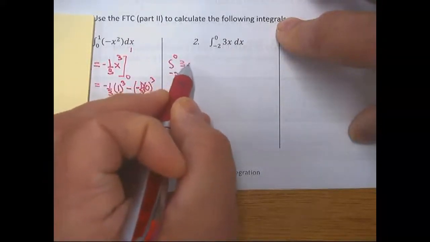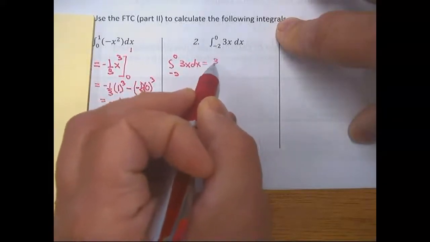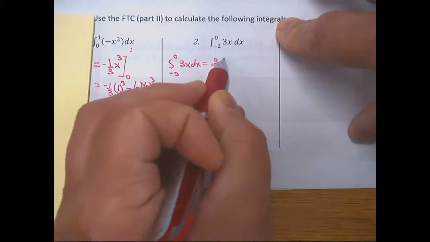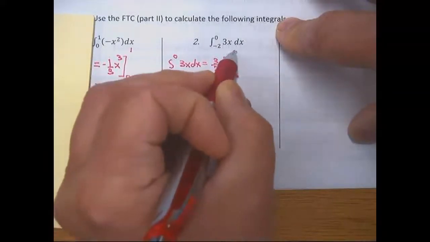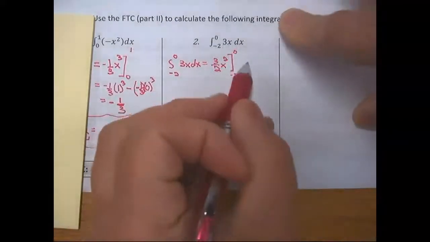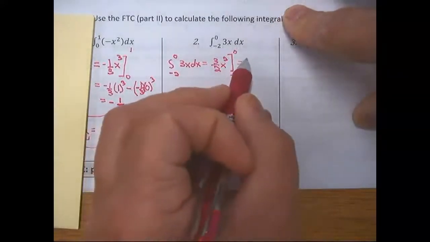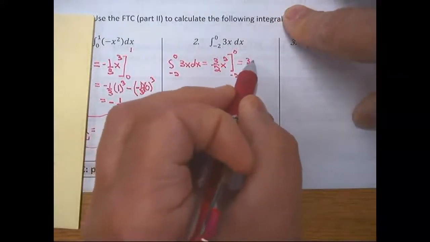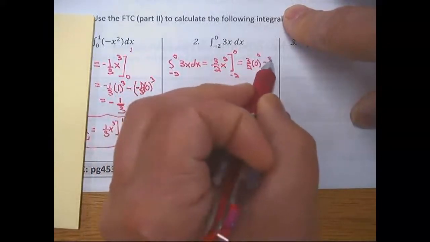So the integral of 3x dx is 3/2 x squared, evaluated from -2 to 0. So plug 0 in and then plug -2 in.